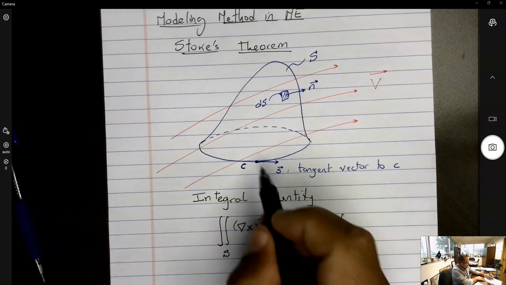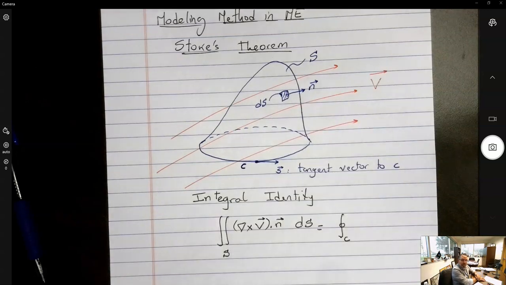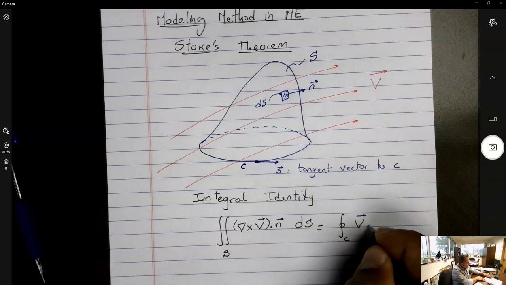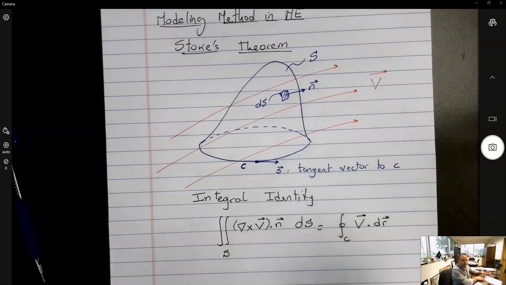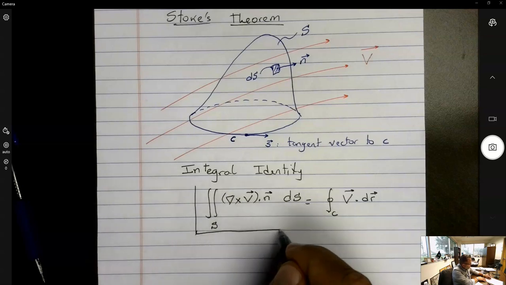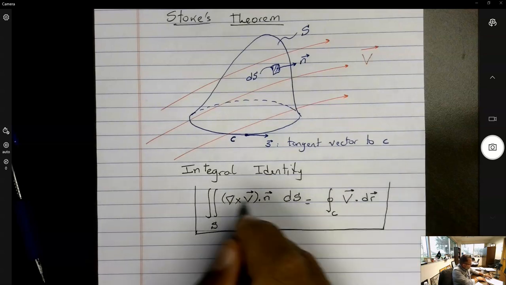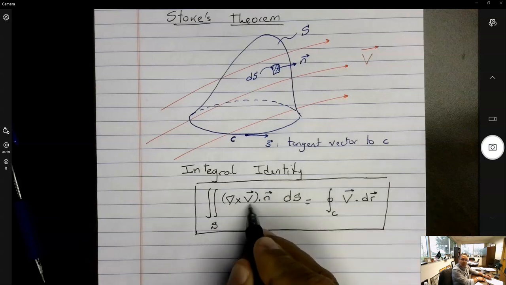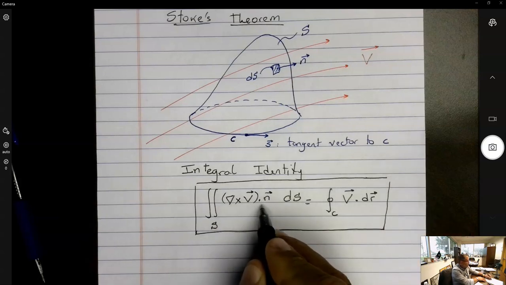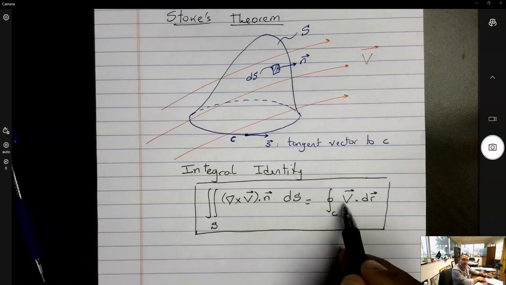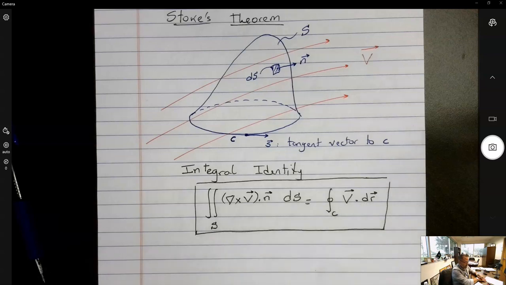Now it's a line integral, that's the line that wraps this open surface, of V dr. And both sides of this integral are, as you can see, scalar quantities. The curl of the vector field is a vector quantity dotted into another vector that becomes a scalar, and on the right hand side we have a vector field dotted into dr, which also makes up a scalar.